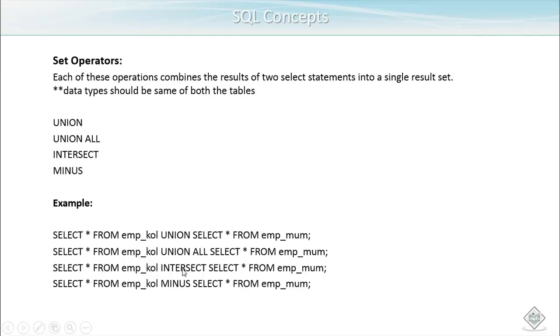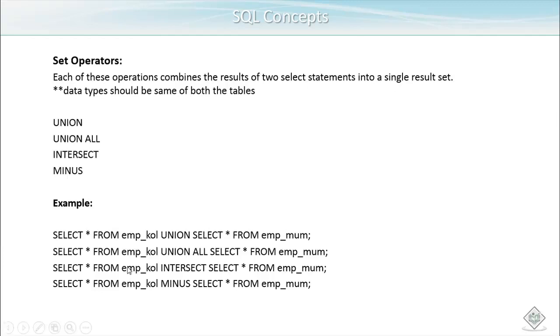Then we have the set operators. The set operators are union, union all, intersect, and minus. Each of these operations will combine the results of two select statements into a single result set. But the condition is that the data types have to be the same for both the tables.